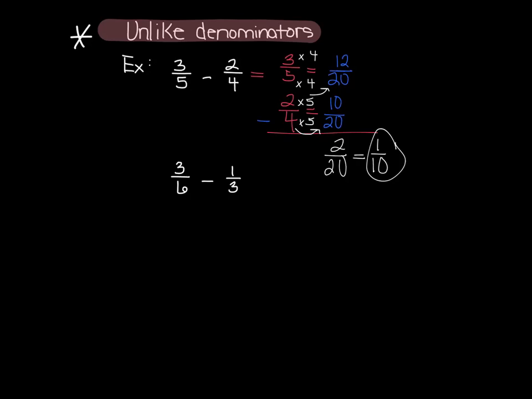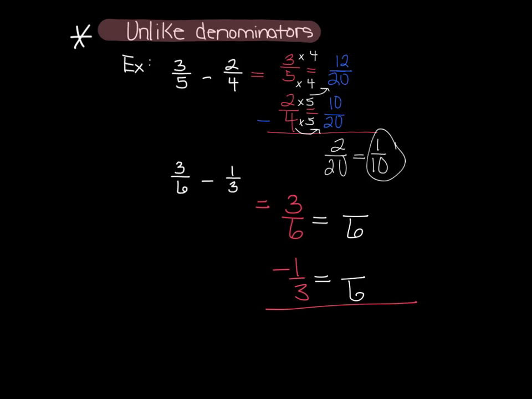Another example down here. Like I said before, rewrite on top of each other. 3/6 minus 1/3. So we can have room for our equivalent fractions again. Ask yourself, what is the common multiple of 6 and 3? 6?